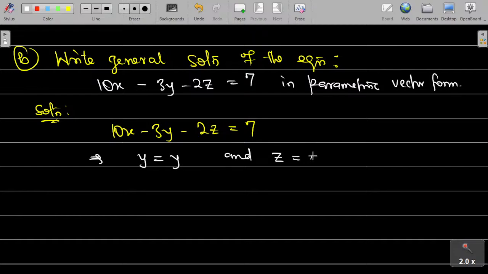Now if that is the case, all I need to do is to make x the subject.